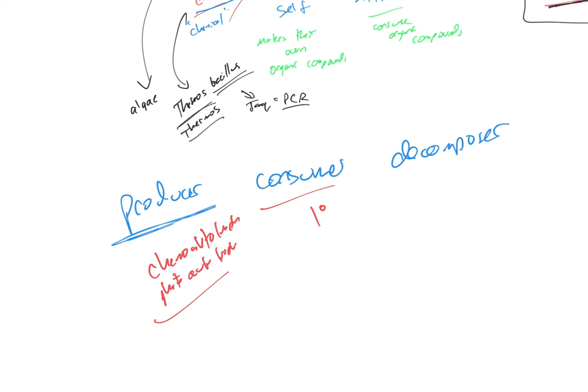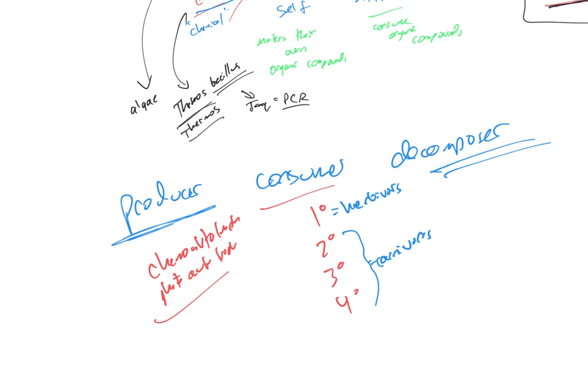Consumers, we have primary, secondary, third, fourth. Primary would be your herbivores, and these are your carnivores. And remember, if you switch between 1 and 2, you are an omnivore.